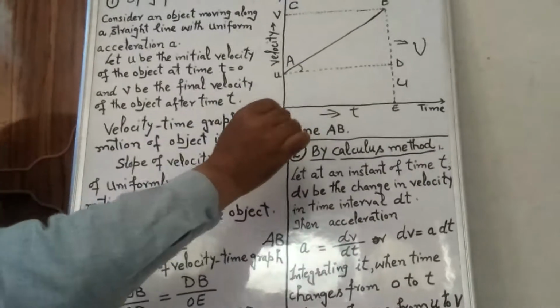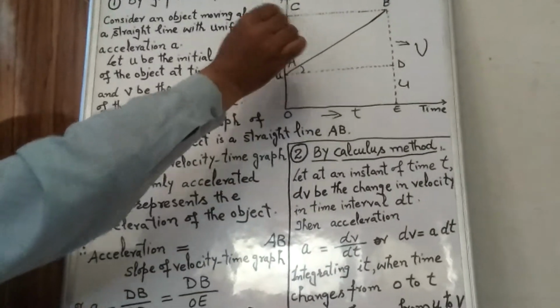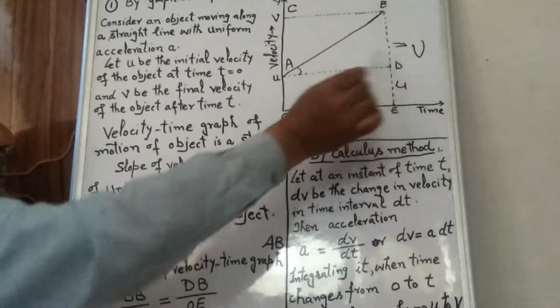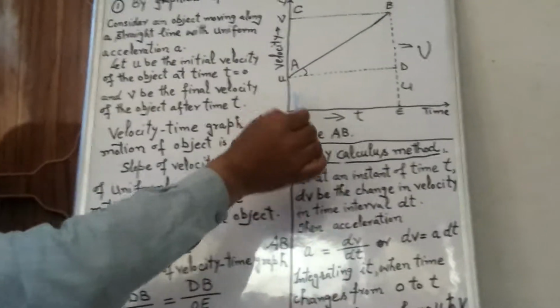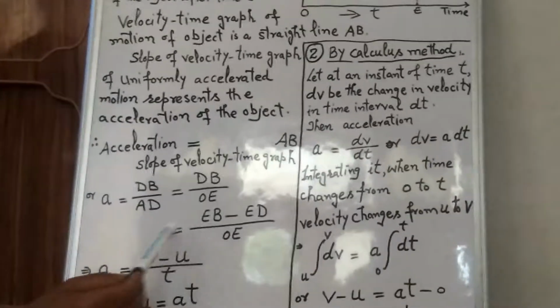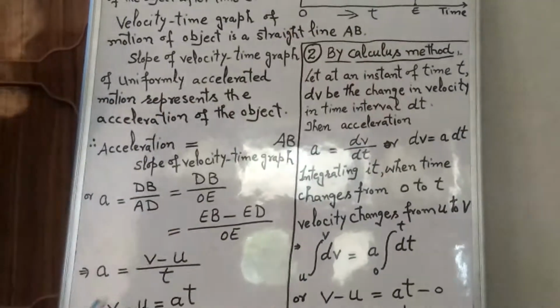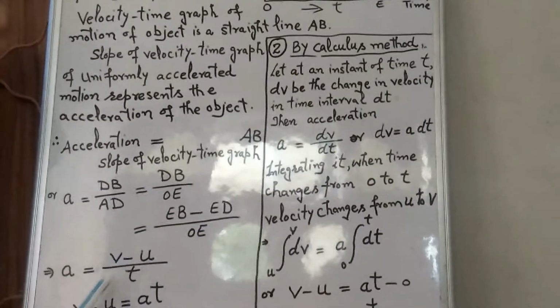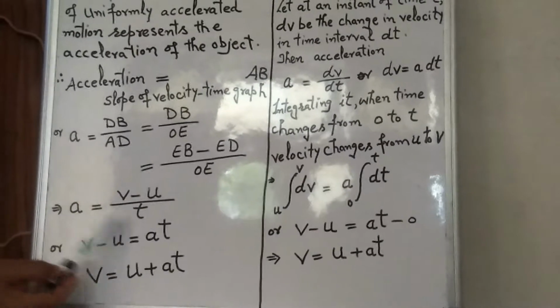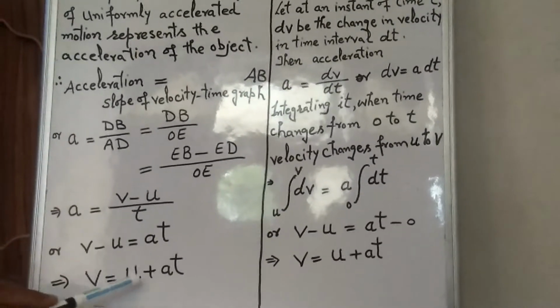Our EB is the same as OC, that is the final velocity v, and ED is OA, the initial velocity, that is u. So a = (v - u) divided by OE, and this is t. Then v - u = at. This gives v = u + at.